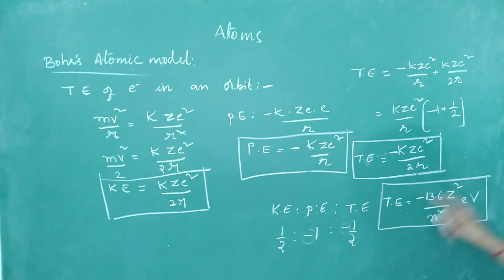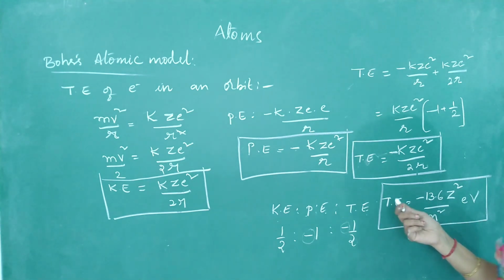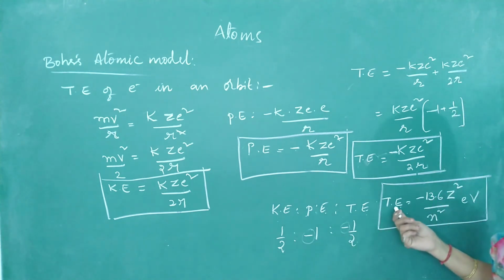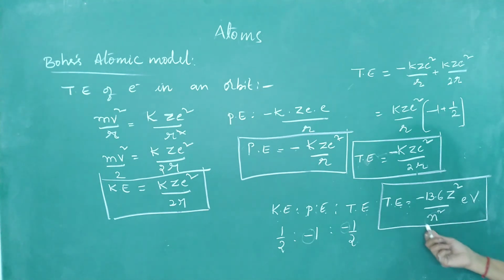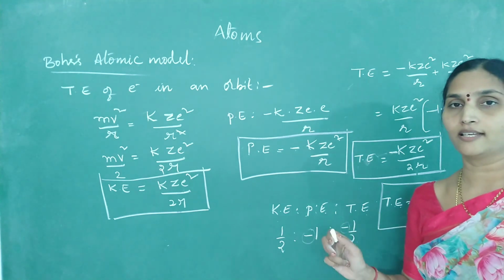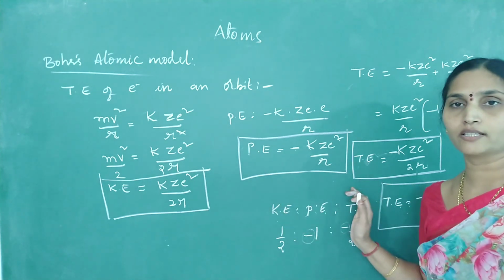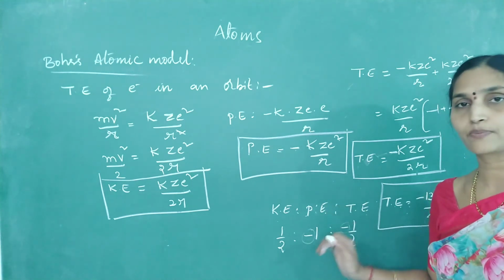This formula is more helpful for numericals. The total energy of an electron in an orbit of hydrogen-like atoms is minus 13.6 z square by n square electron volts, where n is the principal quantum number and z is the atomic number. So these three relations, velocity, radius, and kinetic, potential and total energies, are quite important for solving numericals related to this particular chapter.